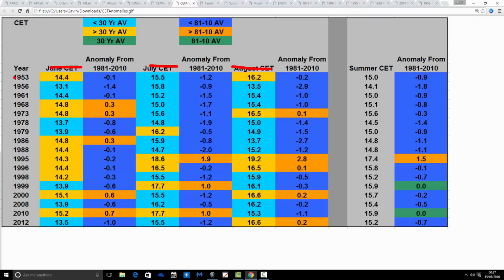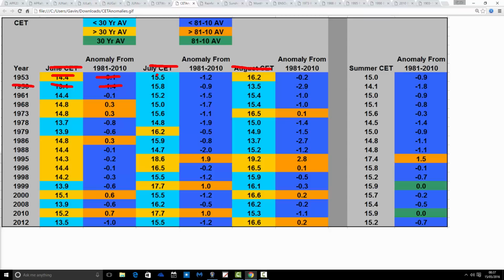So, for example, 1953 came out with a June Central England temperature of 14.4, which compared to the 81 to 2010 average comes out with an anomaly of just minus 0.1. So it's almost bang on average. But June 1956 came out with a CET of 13.1, which is significantly colder than average compared to 81 to 2010, an anomaly of minus 1.4, and so on as we go down through the list.